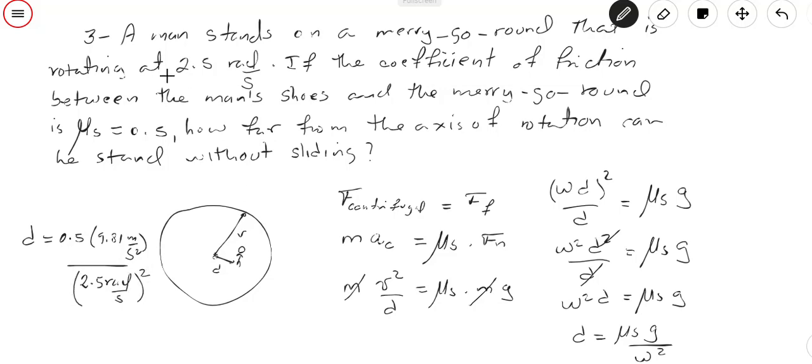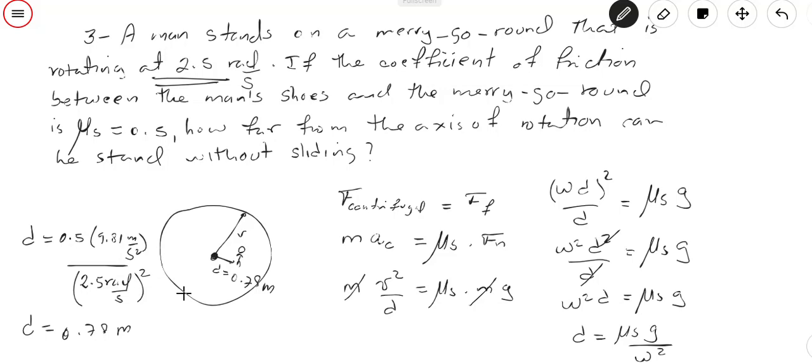That is the angular velocity of the merry-go-round. So we can say that d in this case would be 0.78 meters. So without sliding, this guy can just stand 0.78 meters from the center of the merry-go-round.